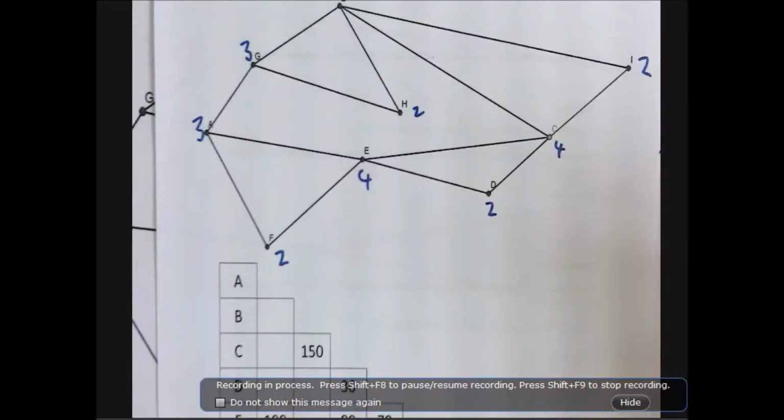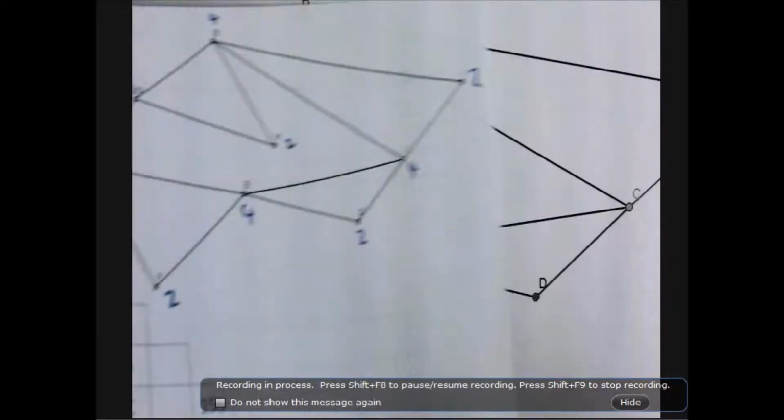Okay, once we've done this, we can see that there are 2 odd vertices, which means yes, we can do it.